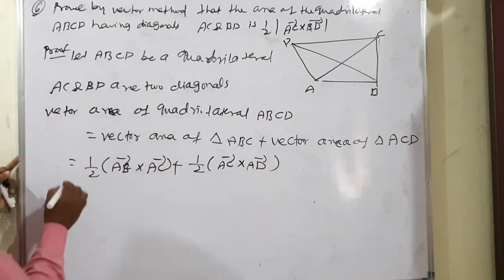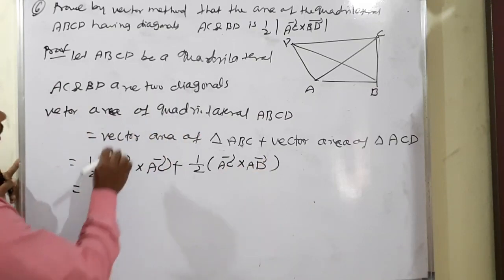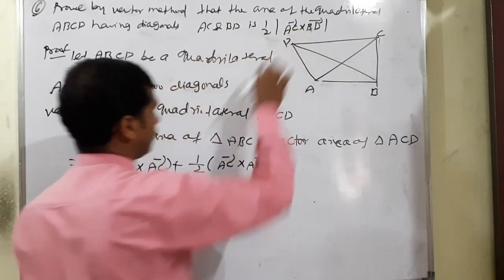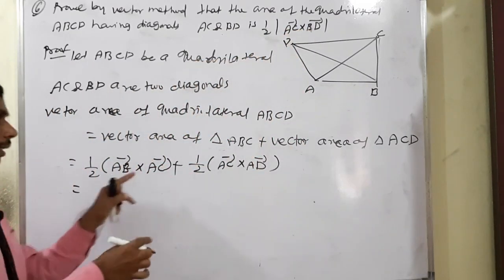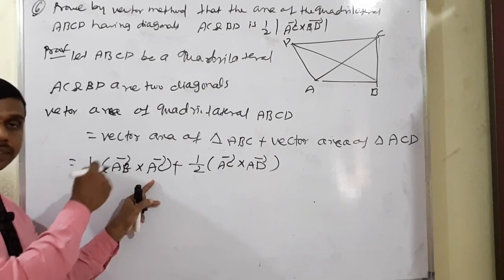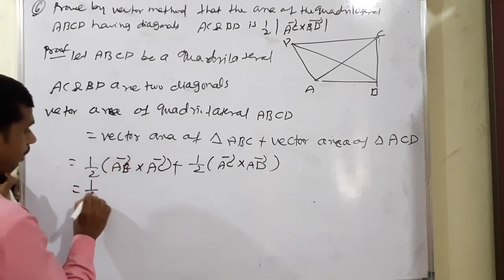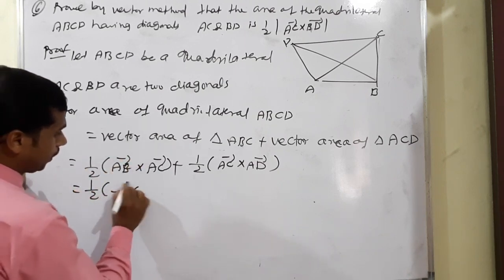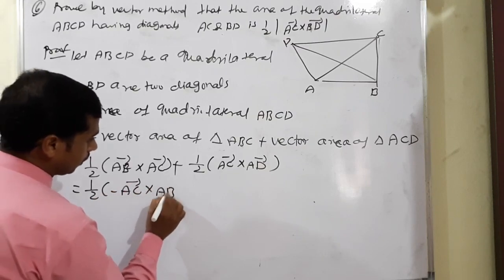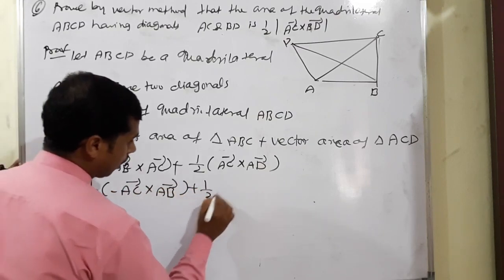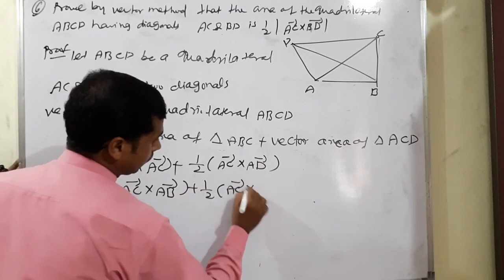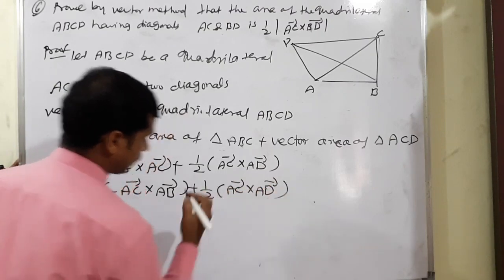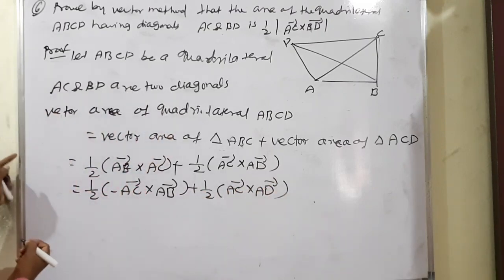Now look at this, we have to interchange AB and AC, since for the cross product that means a negative sign. So half into negative of AC vector cross AB vector plus half into AC vector cross AD vector.